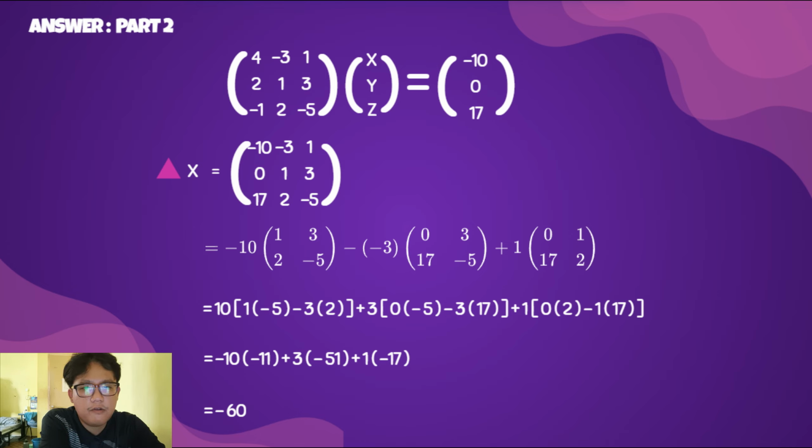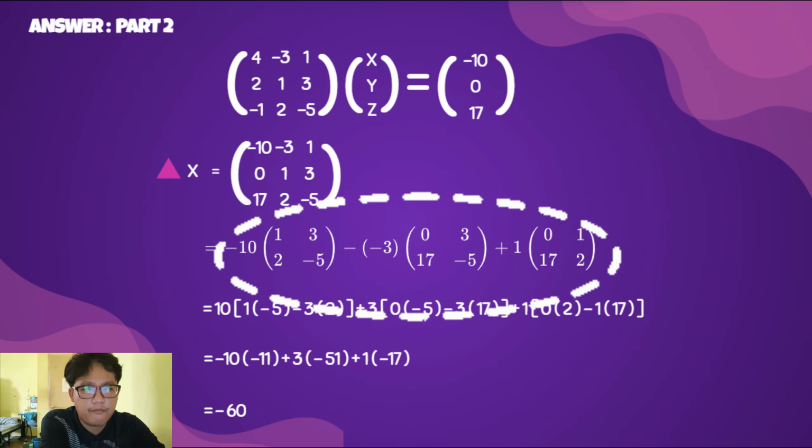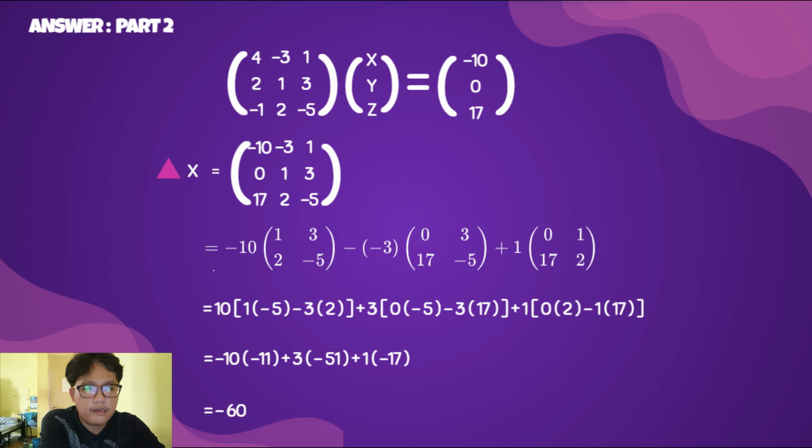And then if we want to find the value of x, first thing first, in the bracket at the top, for example column 1, 4, 2 and 1, we should exchange it with negative 10, followed by 0 and 17, and after that in columns 2 and 3 we just follow the question. Then we do the formula by multiplying them, but for the numbers like negative 10, negative 3 and plus 1, we should do the multiplication outside the bracket.